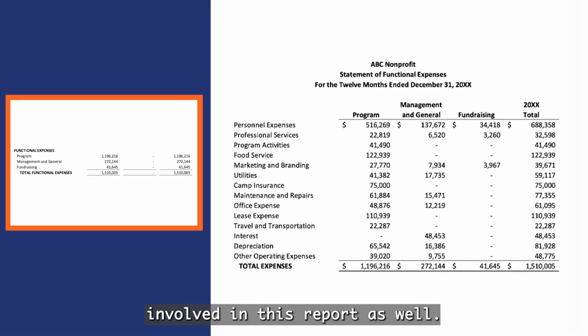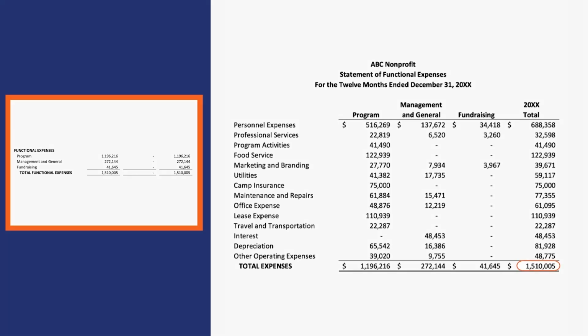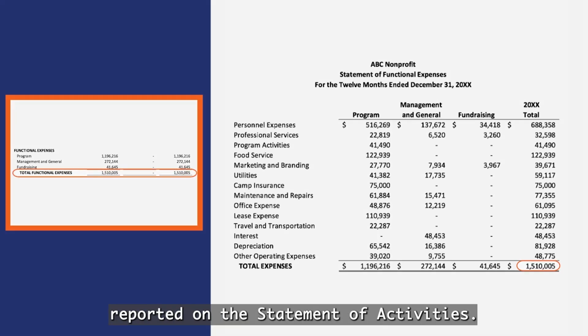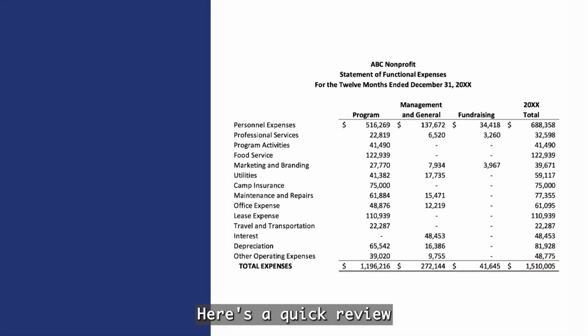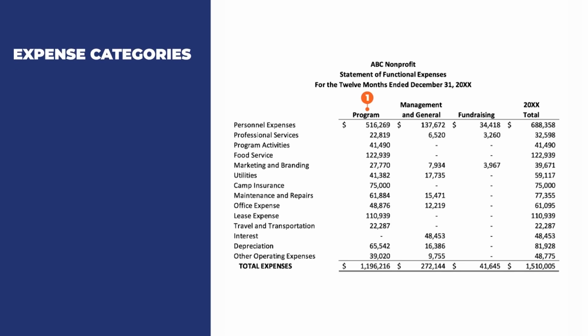There's a bit of math involved in this report as well. The total expenses on the Statement of Functional Expenses should tie to the total expenses reported on the Statement of Activities. Here's a quick review of each of the categories on the Statement of Functional Expenses.